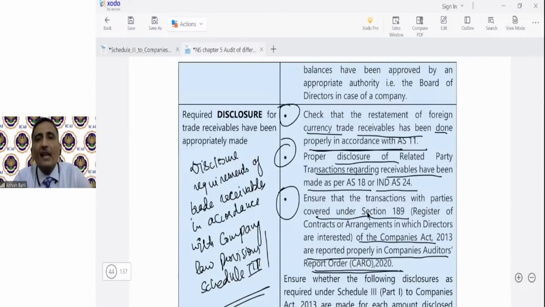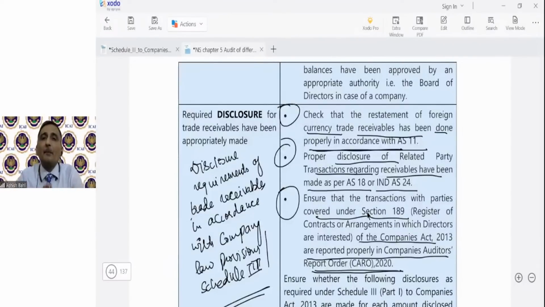This is a sort of aging, that how old a trade receivable balance is. So this sort of report shows how old a particular trade receivable balance is.